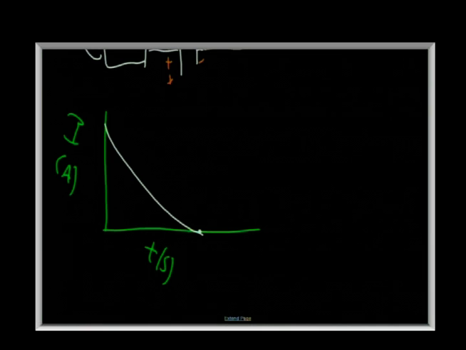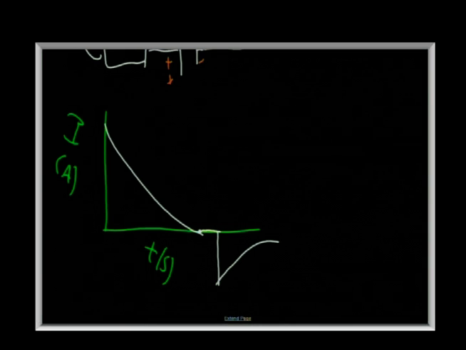When it gets to zero, it could stay at zero for a while. Now when I've closed the switch and removed the battery, there's suddenly, at a moment in time, a big negative current, and it decreases. It's not as big as what we started with, but it's going to decrease as the charge gets moved from the plates and dissipates. So that's the current versus time graph.